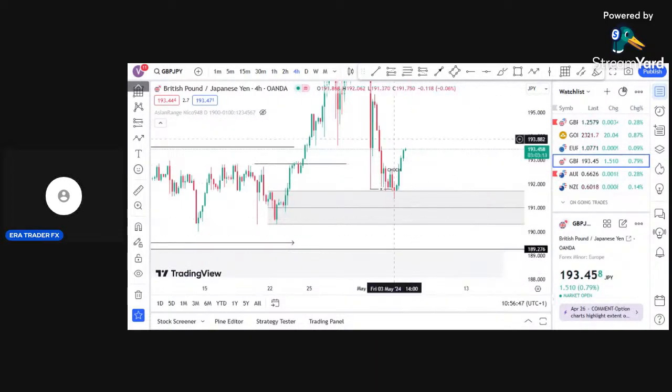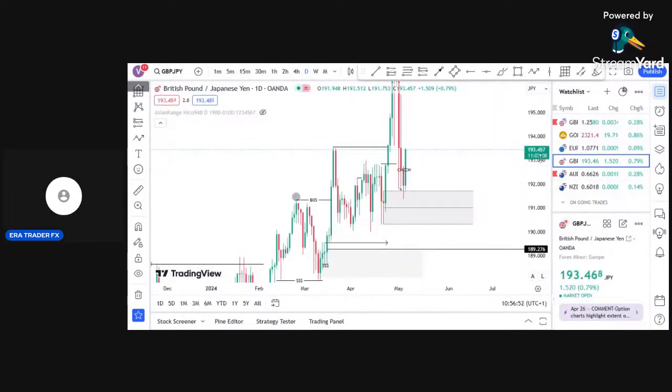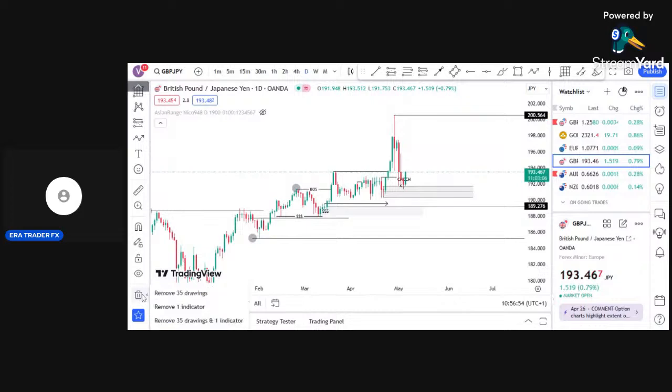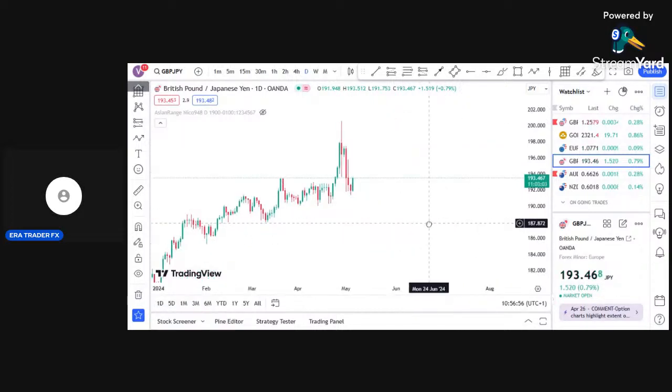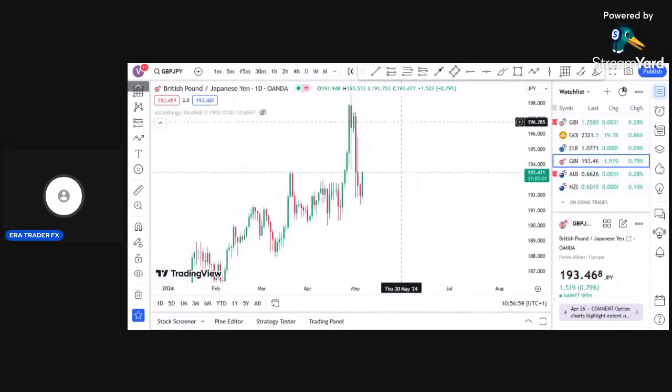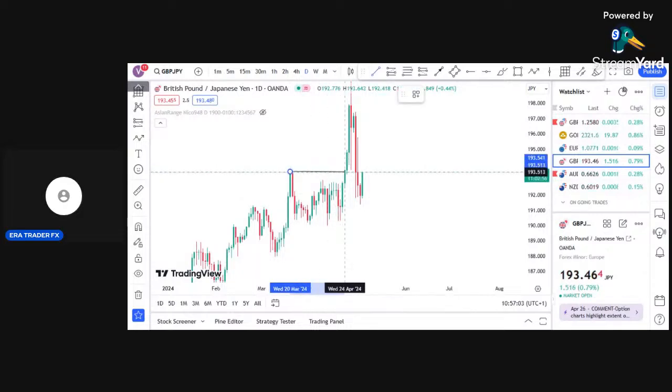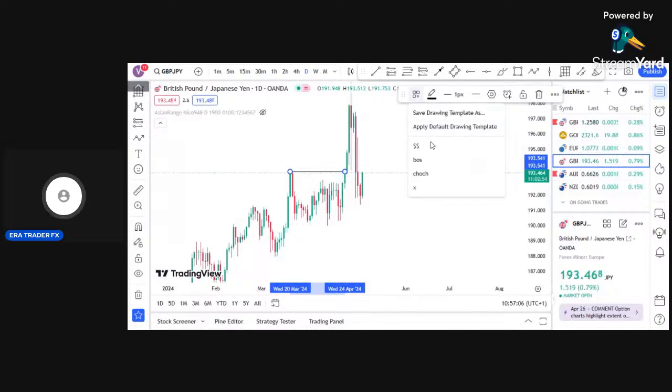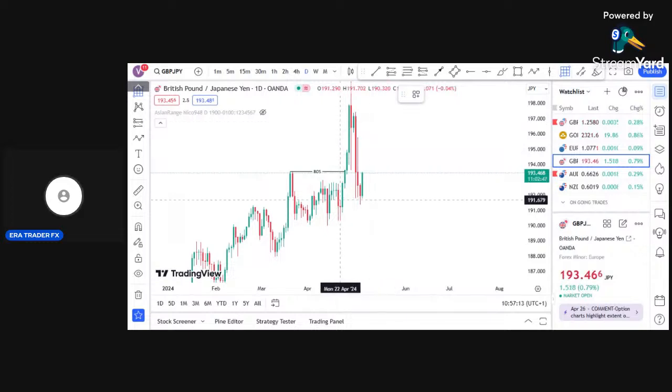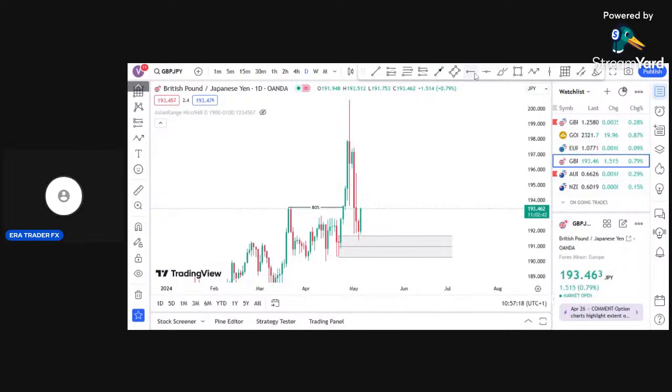For GG, let me just take out all these. And for GG, we have all this break of structure to the upside. This order block, price is currently at that place.